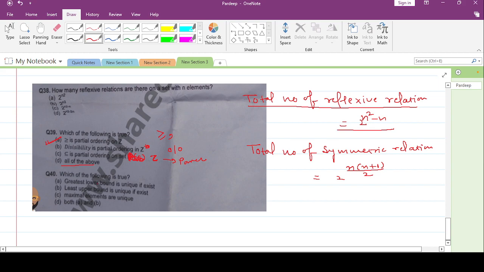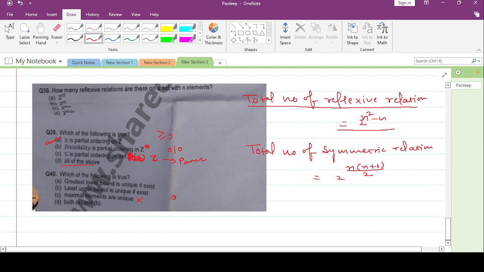Now the next question is which of the following is true. Greatest lower bound is always unique if it exists. Least upper bound is unique if it exists. Maximal elements are unique. See, maximal elements are not unique.